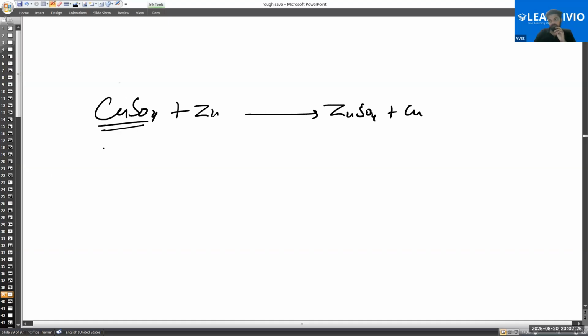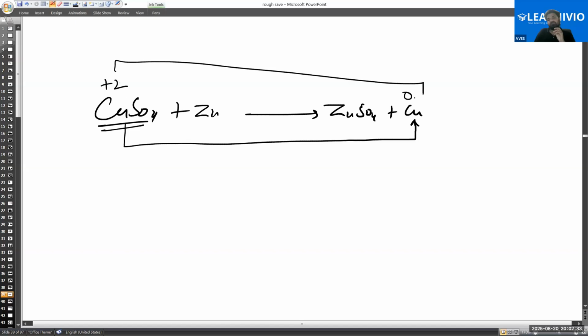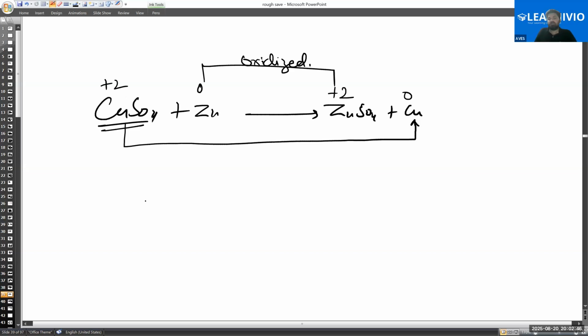Copper sulfate: it is +2, it is 0, it is reduced. Okay, second is zinc. Zinc is at 0, and here zinc is at +2. So it is oxidized. So we'll say that Zn is oxidized.